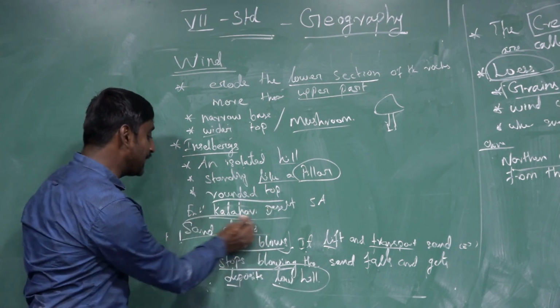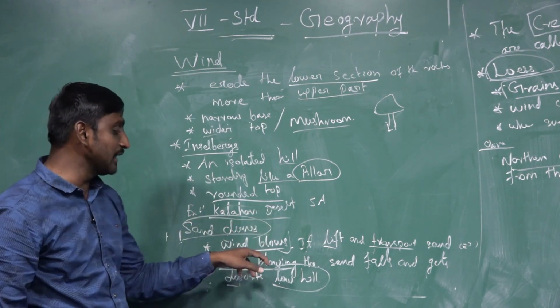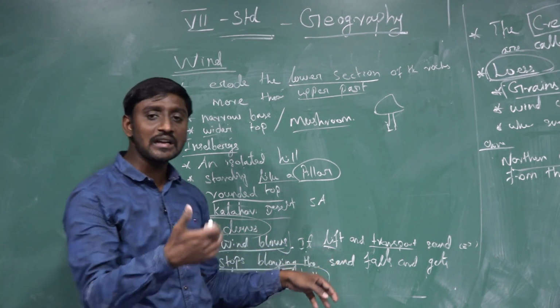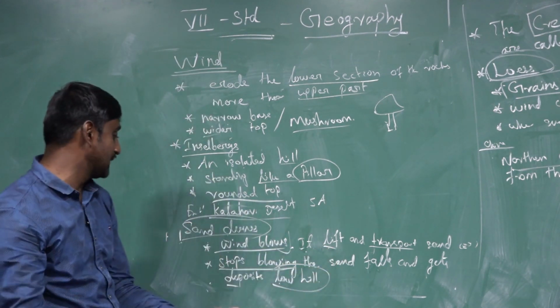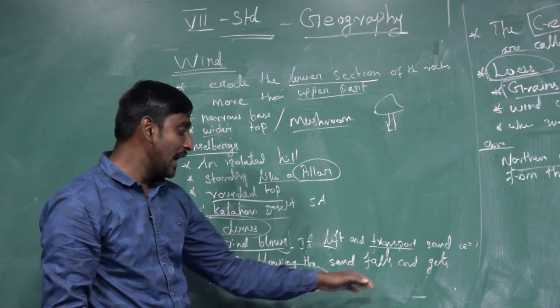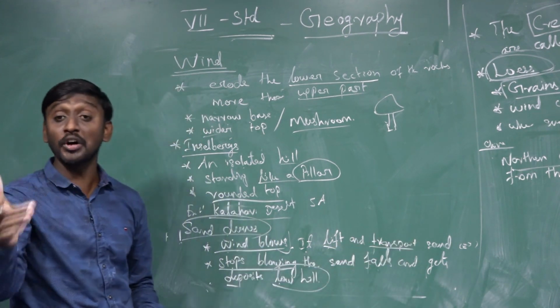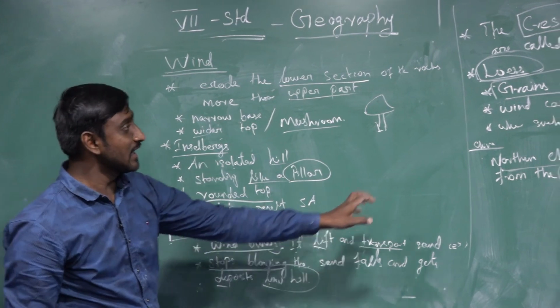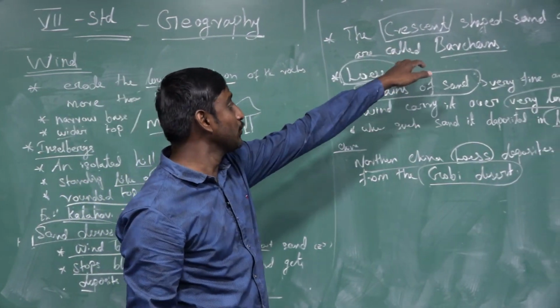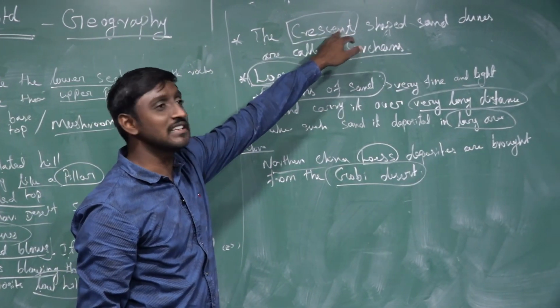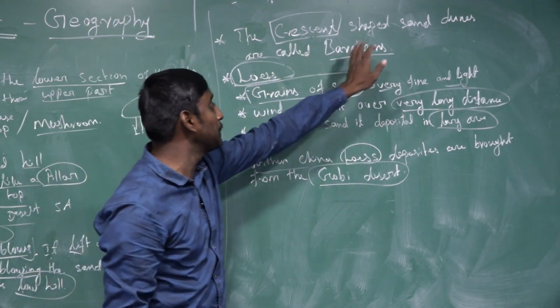Next, sand dunes. When wind blows, it lifts and transports sand from one place to another, and when it stops blowing, the sand falls and is deposited in low hills. Next, crescent-shaped dunes. Crescent means moon shaped, and they are called barchans.